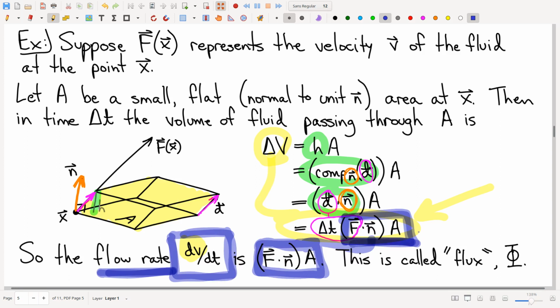The term that we use is called flux, and we use the capital Greek letter phi to represent it.